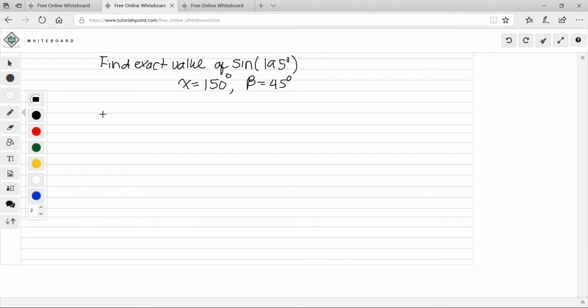So we're going to use the sine of sum. So it's sine of 150 plus 45 equals sine alpha cosine of beta plus cosine alpha sine of beta.